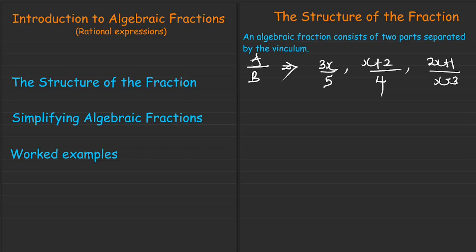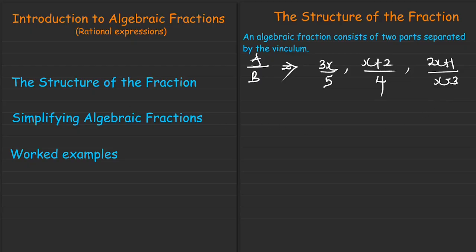Now, as you take note, all of these do have at least an algebraic expression, either at the numerator, the denominator, or both. So this is our algebraic expression over 5. This is also another algebraic expression over 5. For this particular one, both the numerator and the denominator do have algebraic expressions. So it is just like an ordinary fraction, but then there are letters or variables.